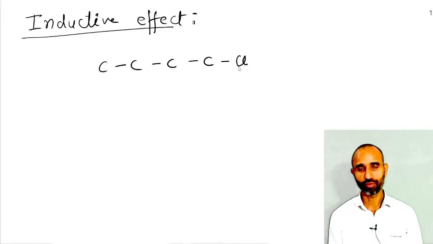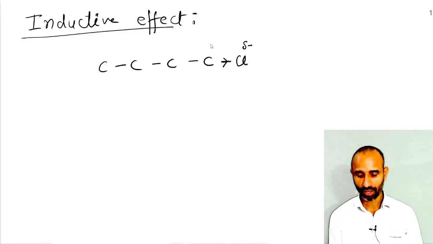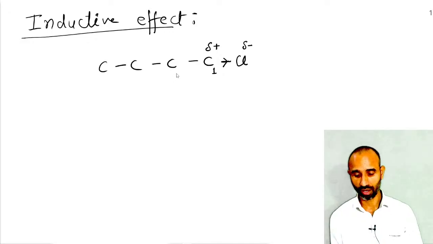If it is electron withdrawing like chlorine, chlorine withdraws electron from carbon. So this chlorine gets negative charge and the carbon attached to it gets positive charge.